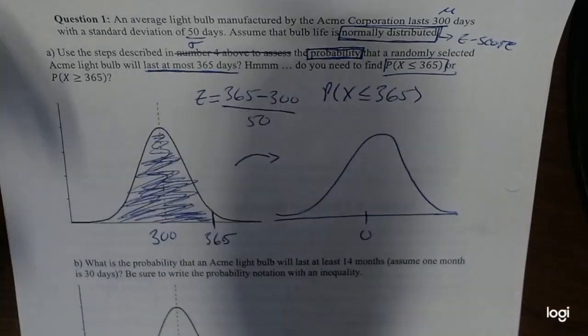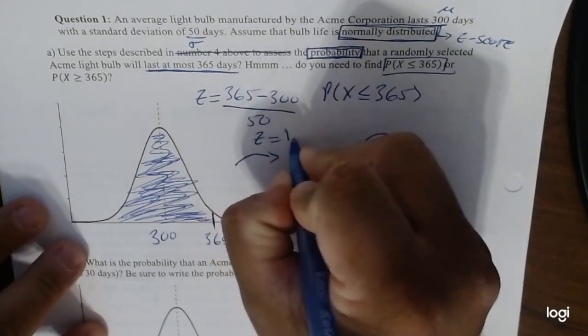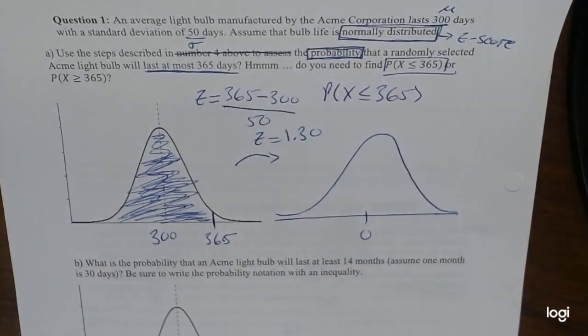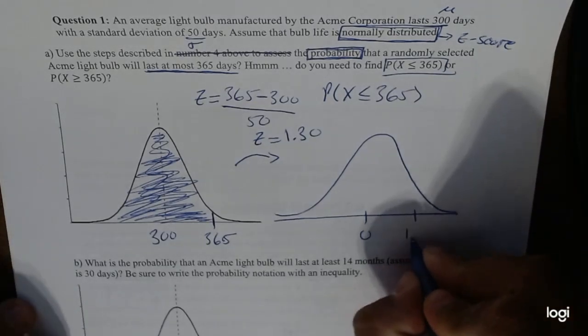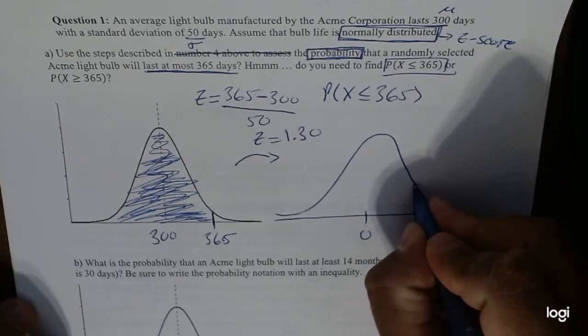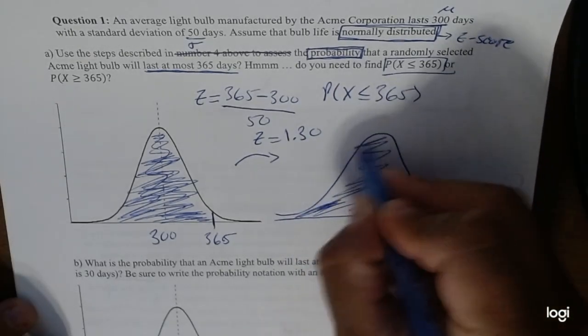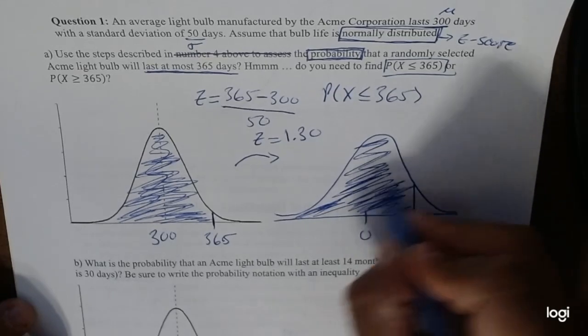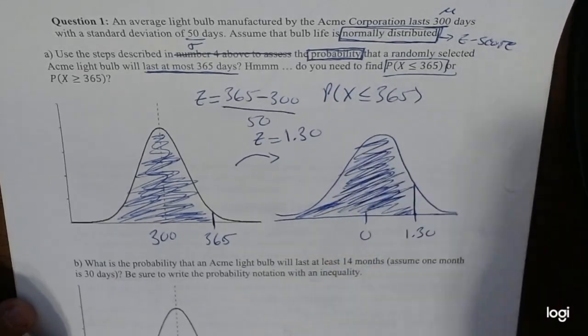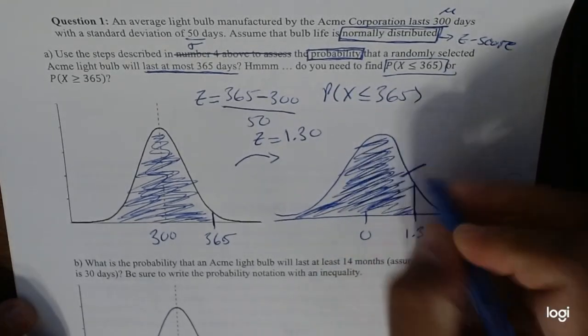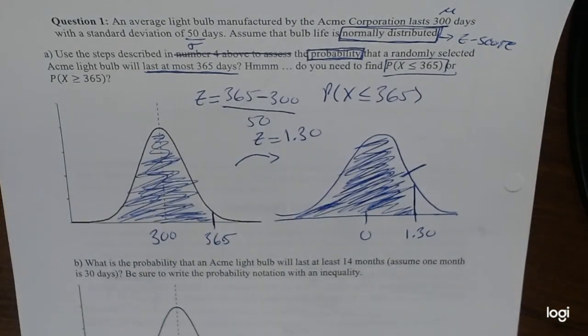That should give you a z-score of 1.30. If we go back over here, here's 1.30, and the good thing is the answer is still going to be the same. Since I shaded everything on the left, I am also going to shade everything on the left here. So we're going to find the area to the left of the z-score of 1.30, and that's going to be our answer for this question.